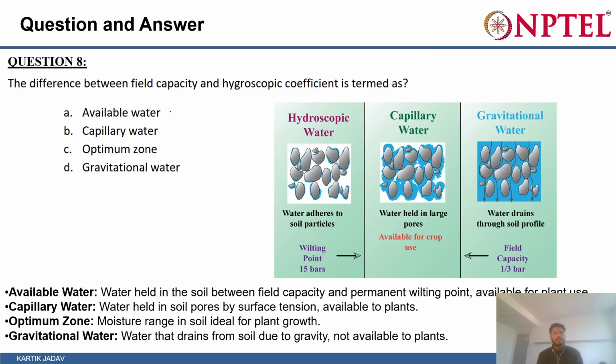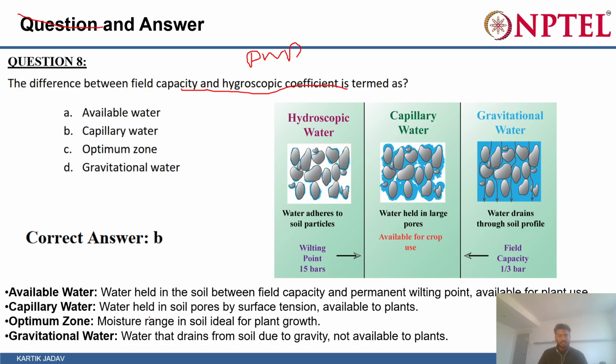Question number 8. The difference between field capacity and hygroscopic coefficient is termed as? Available water is basically water held between field capacity and permanent wilting point, not the hygroscopic coefficient.